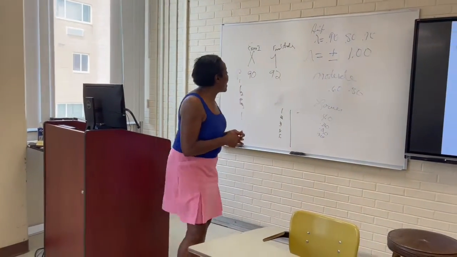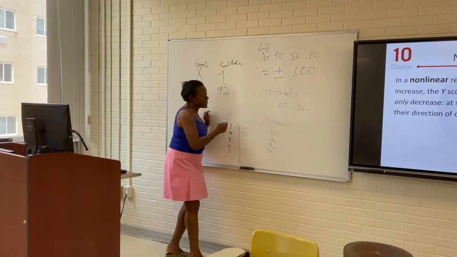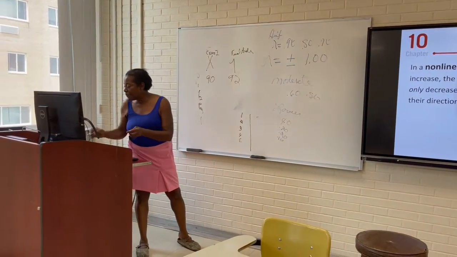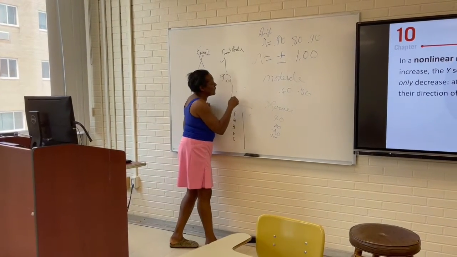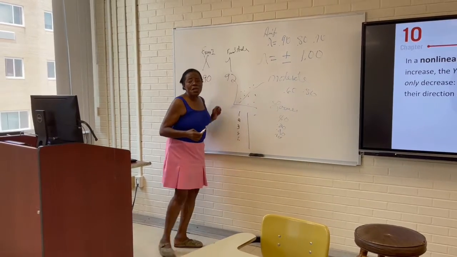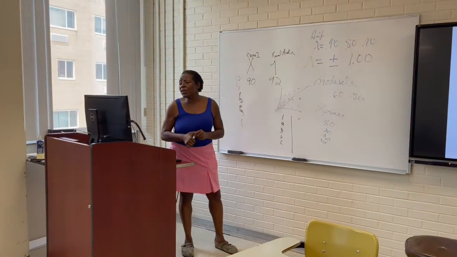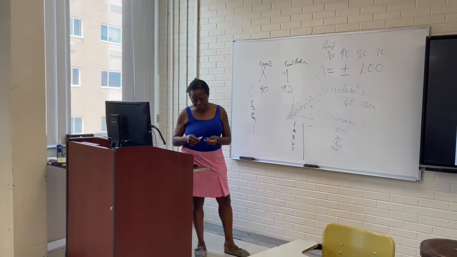And what does that mean? Looking at the graph, it means we cannot draw a line at all. And so there is no correlation. We cannot draw a line between variable X and variable Y, indicating no correlation at all.